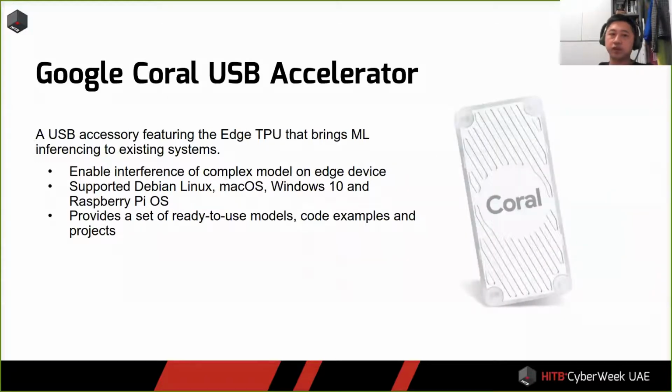Because Raspberry Pi is not very powerful when running a very heavy neural network, or even object detection, it can't run it very smoothly. So we can also attach a Google Coral USB accelerator to the Raspberry Pi to accelerate the inference, so we can do object detection pretty smoothly.